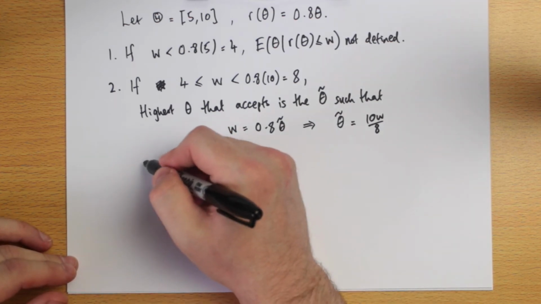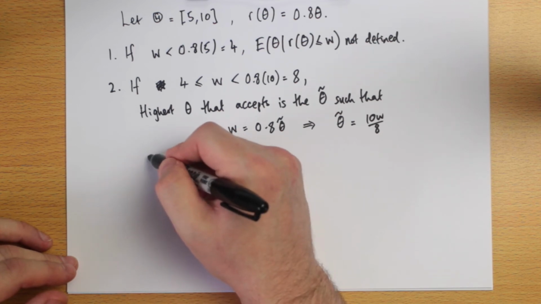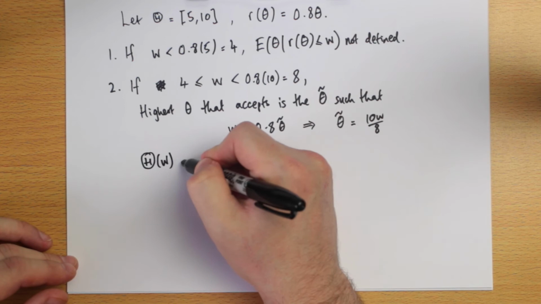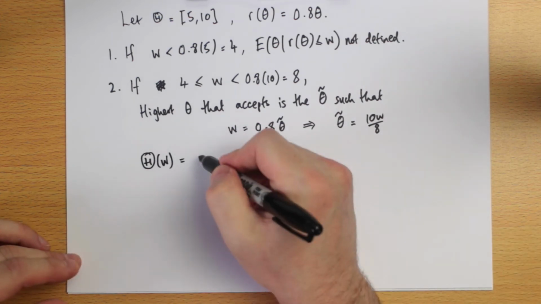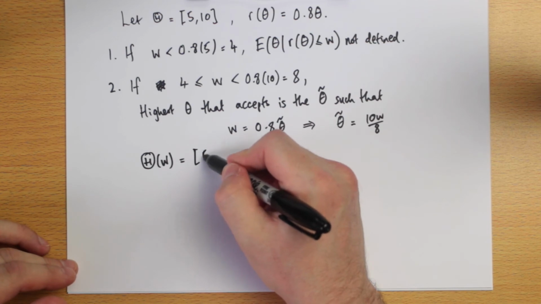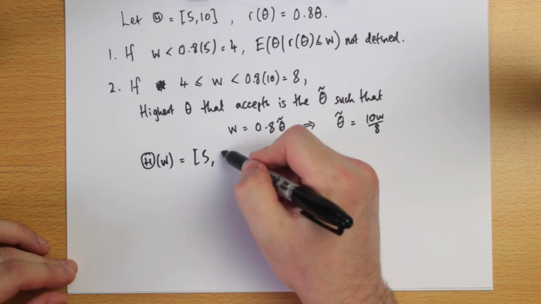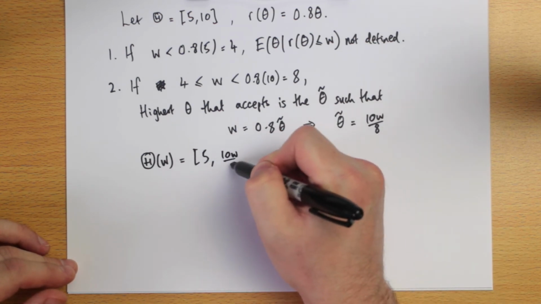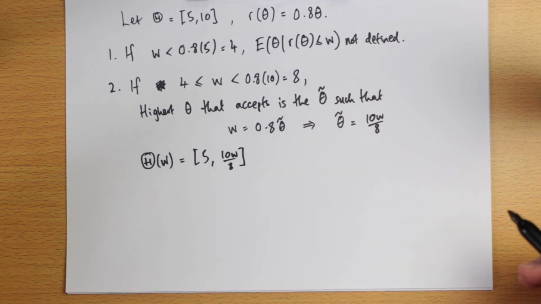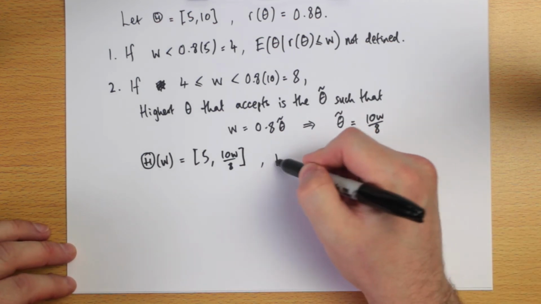Now I could write the capital theta as a function of W. The types that come to work will be the interval, all the types from 5 up to 10W over 8. So now I know who's coming to work.